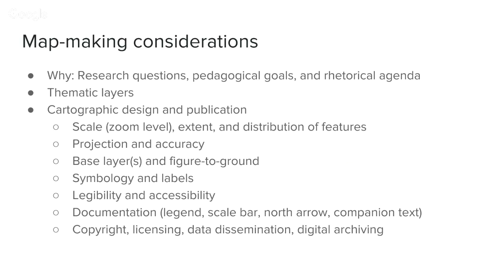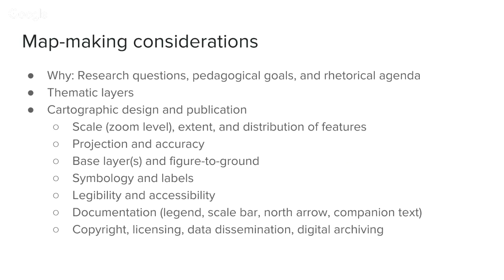We don't have time to go into all the details of cartographic design, but there are a few key areas that I want to gloss before we turn around to question time. If you're thinking about making a map or group of maps, you need to consider the scale of the map, which has a direct relation to zoom level if you're talking about a digital map.